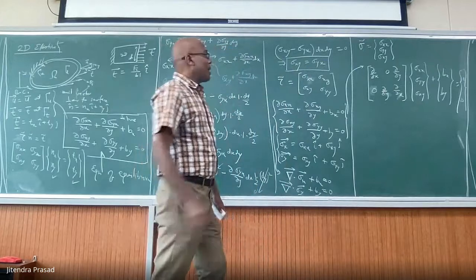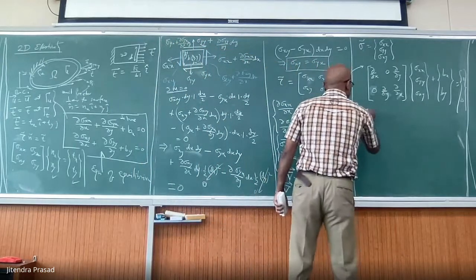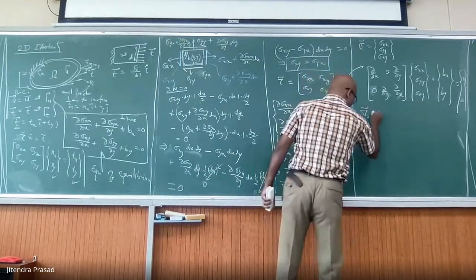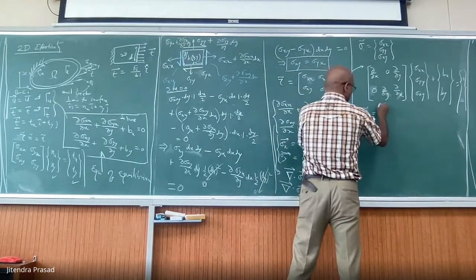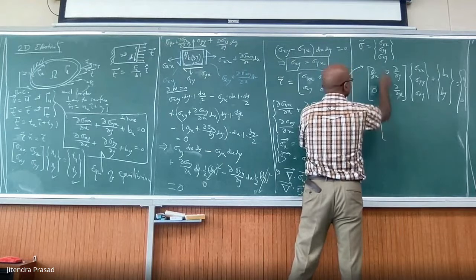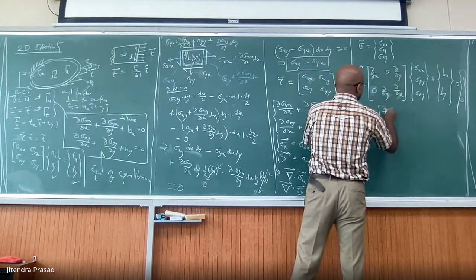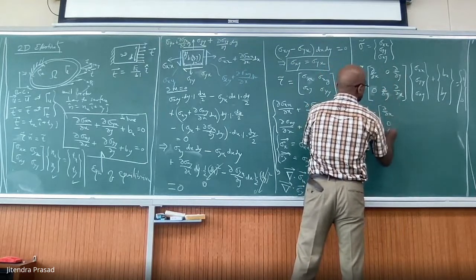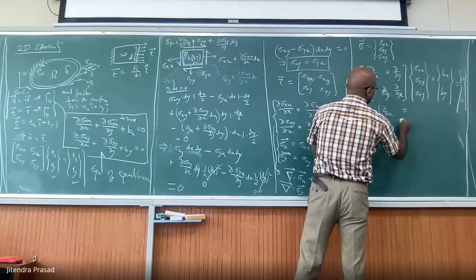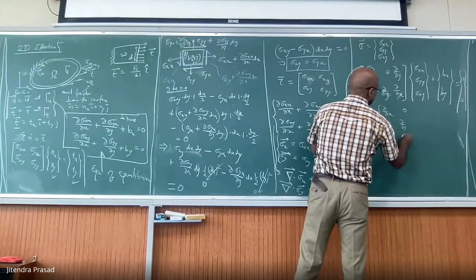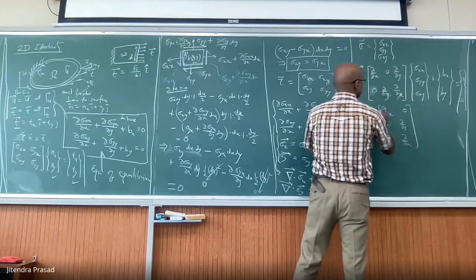Okay. Now we define del S as this one: del over del x, 0, del over del y, and 0, del over del y, and then del over del x. We define it like this.